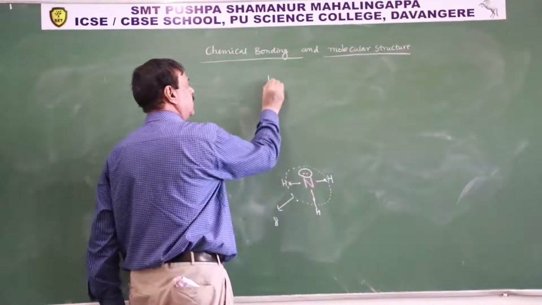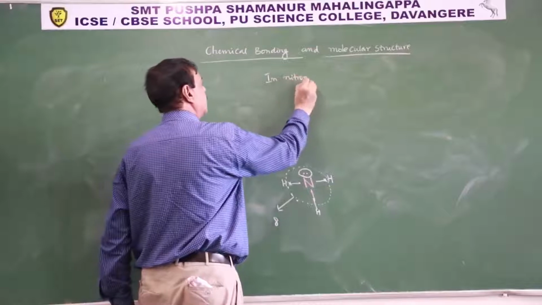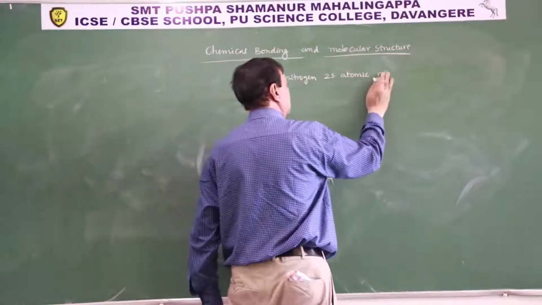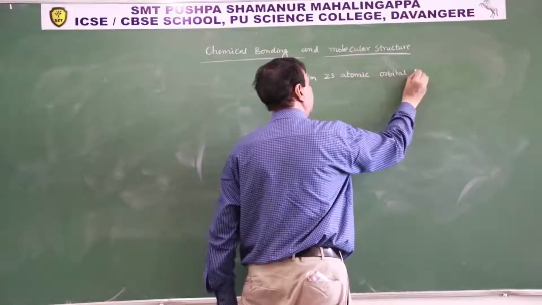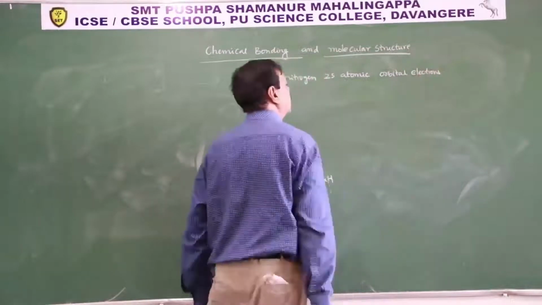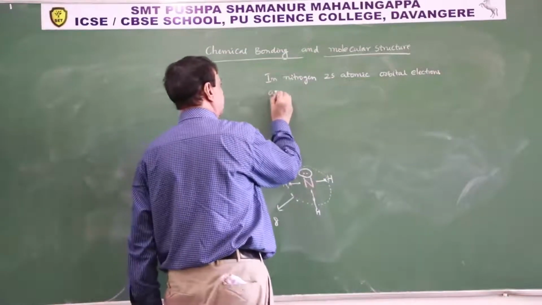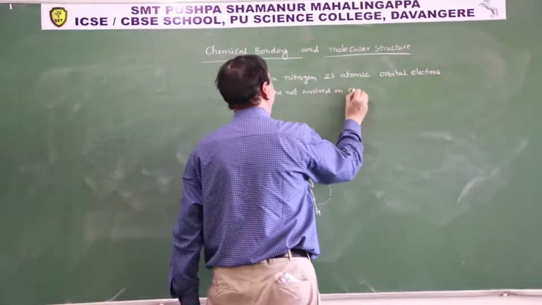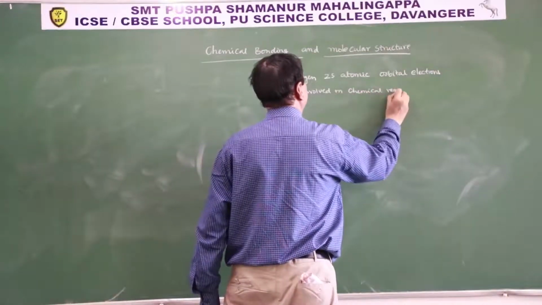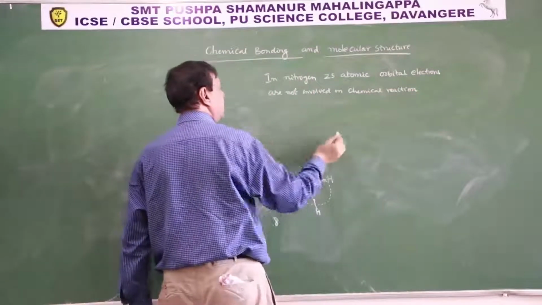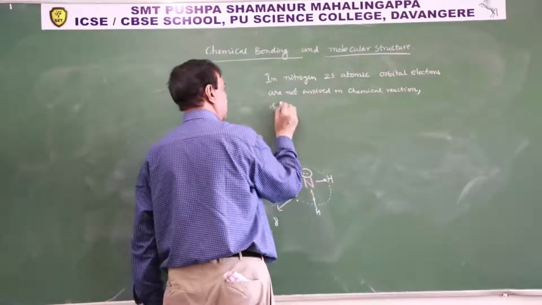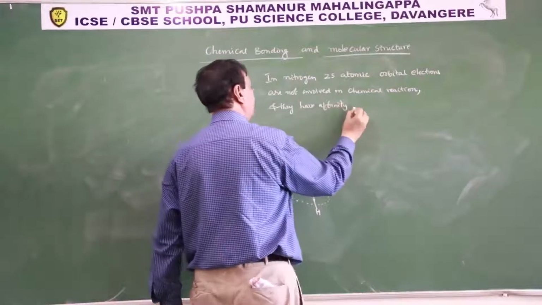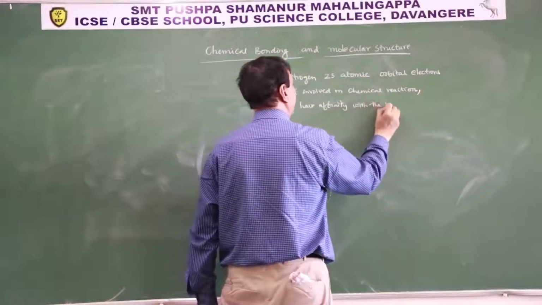In nitrogen, 2s atomic orbital electrons are not involved in chemical reaction, and they have affinity with the protons.